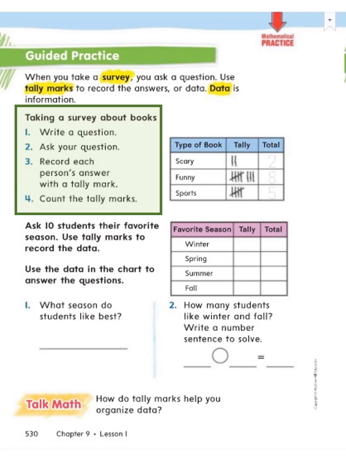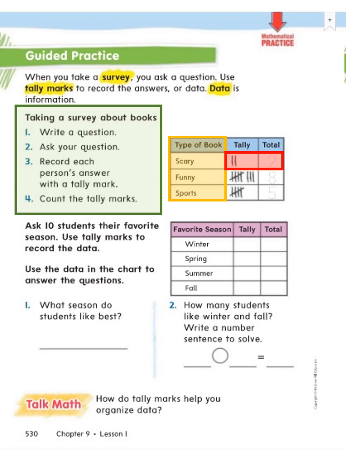So let's take a look at the little table to the right, the chart on the right. It says here type of book. So maybe our question is, what type of book do you like? And we've got 3 choices. Scary, funny, and sports. So we asked our friends or our classmates, and 2 people said they liked scary books.